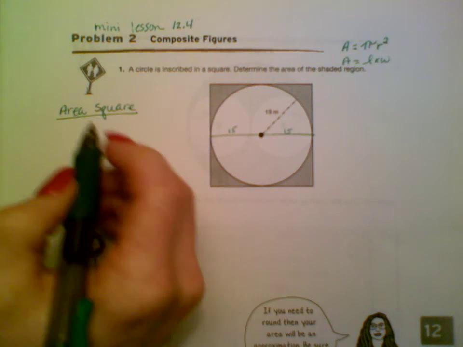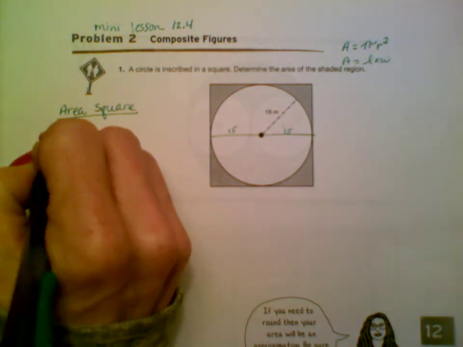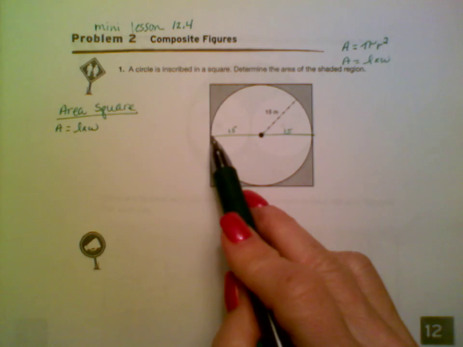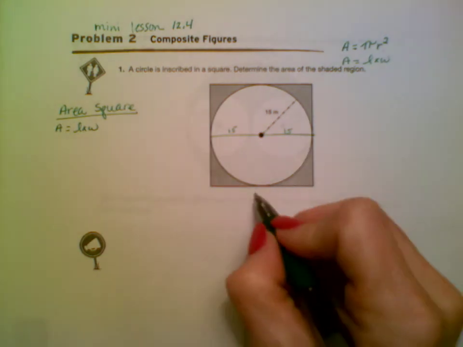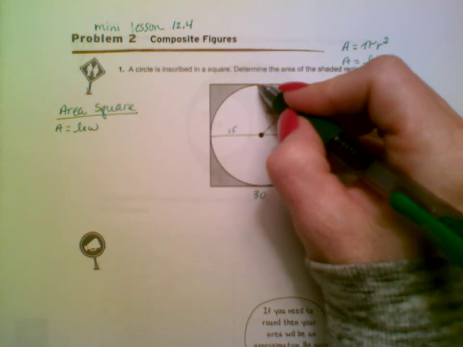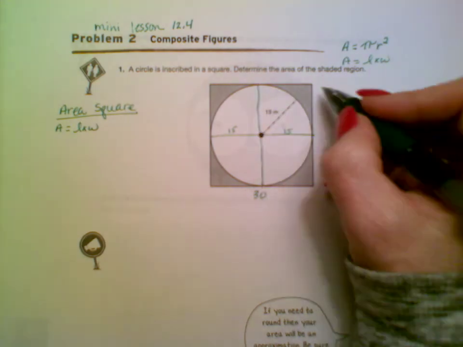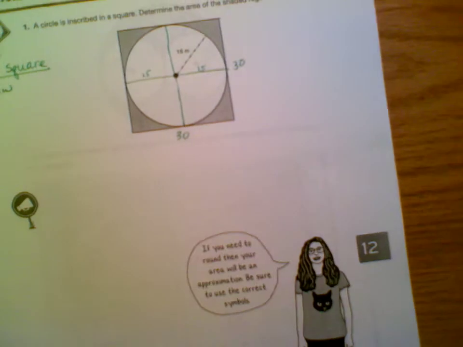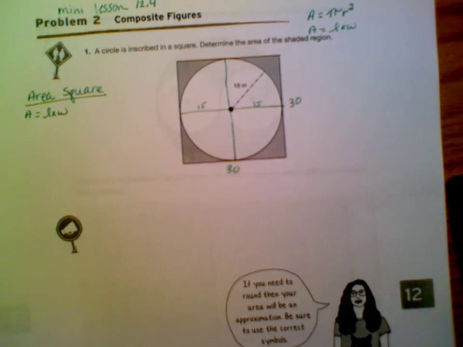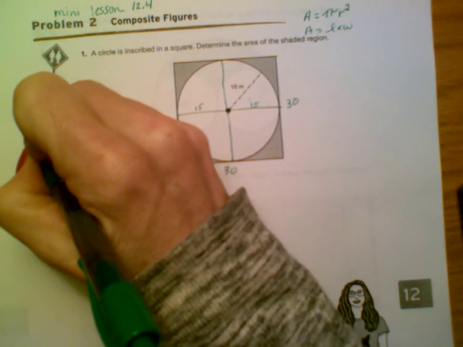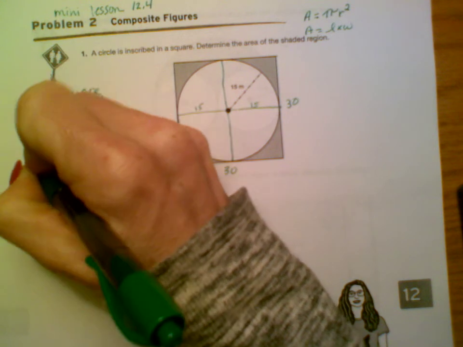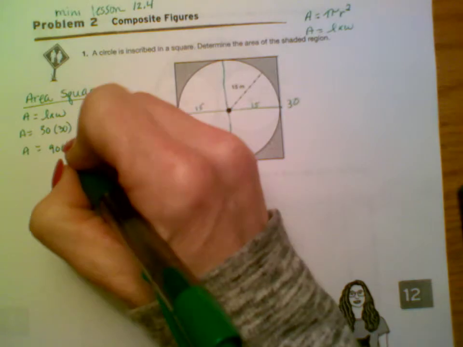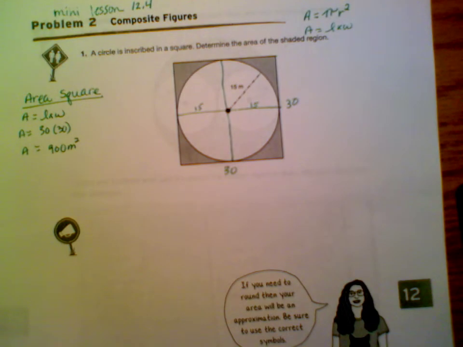Area of a square is length times width. So I can see that this is going to be 30, and this diameter then would also be 30, so this distance here would be 30. So 30 times 30, my area equals 900, and it's area, so it's square meters.